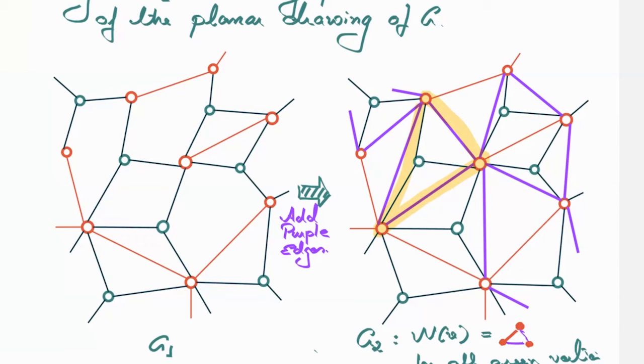Then you can notice that any green vertex, or the original left vertex in the bipartition, sees a triangle in its open neighborhood. Under any proper 4 coloring, this triangle will get at least 3 different colors. Hence, after merging, it will see at least 2 of the merged colors. So every green vertex is happy. It has seen both the merged colors in its neighborhood.